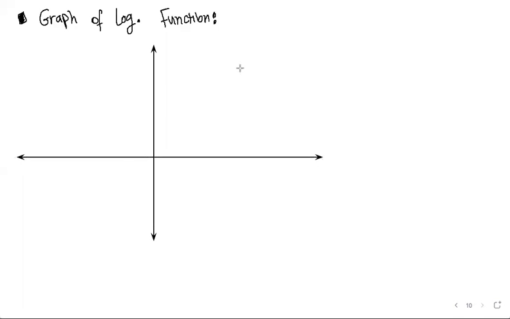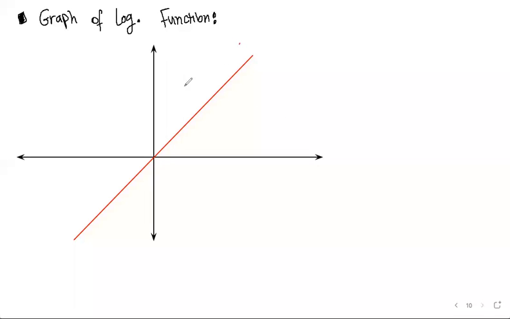So this is my line, y equal x. If I reflect anything around this line, I can graph the inverse function, and my inverse function is the logarithm.